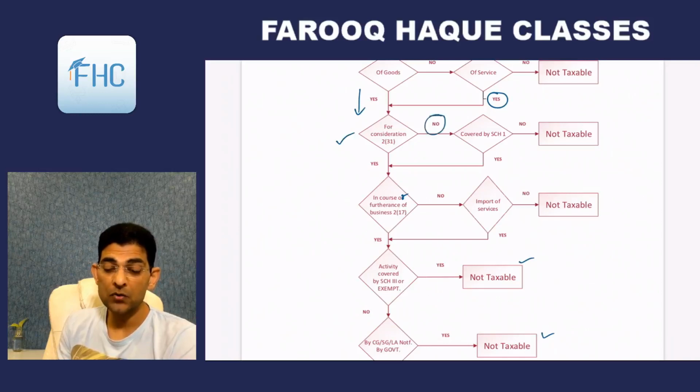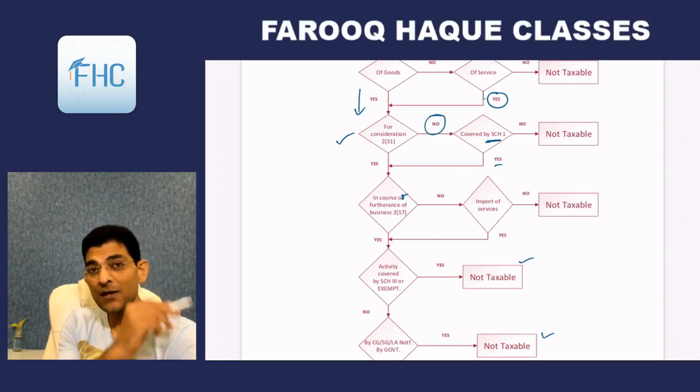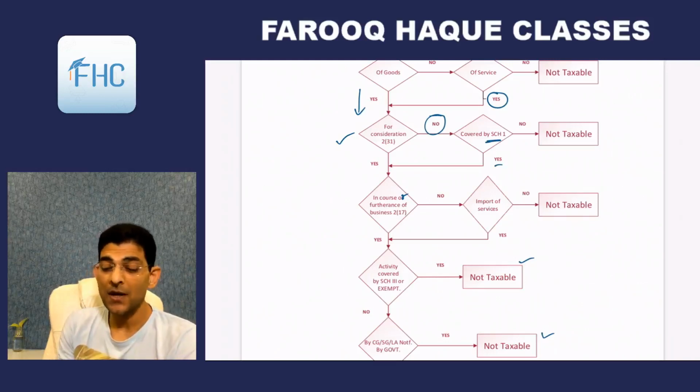If the answer is no, then is it covered by Schedule 1, that is the exceptions, that even if there is no consideration they can still be taxable? If the answer is yes, then again follow the same sequence of questions. If the answer is no, means there is no consideration and they are not covered by Schedule 1 also, then it is not taxable.